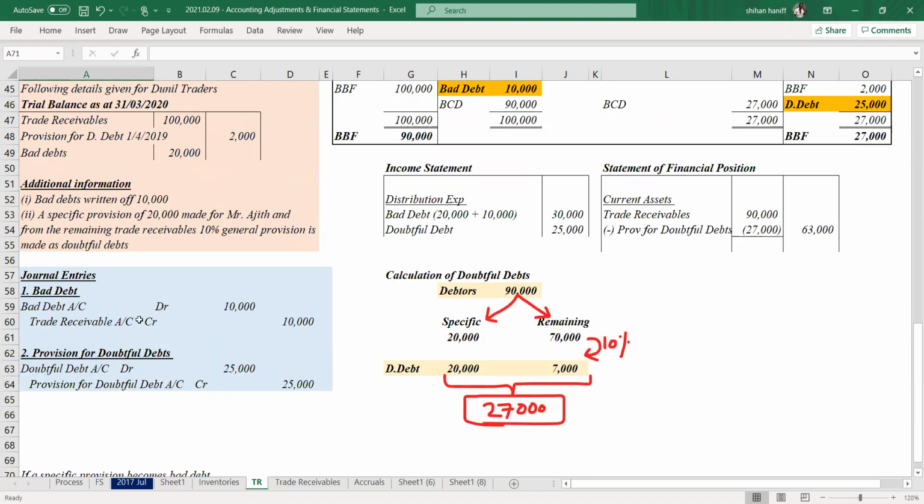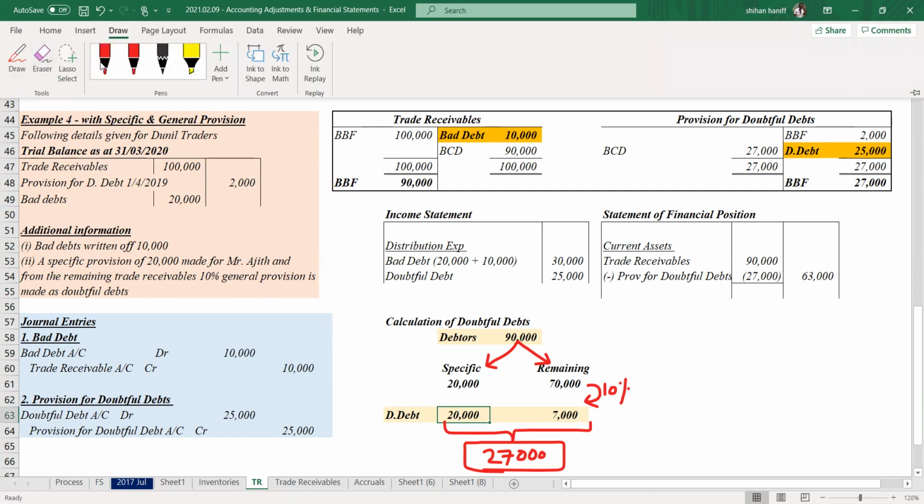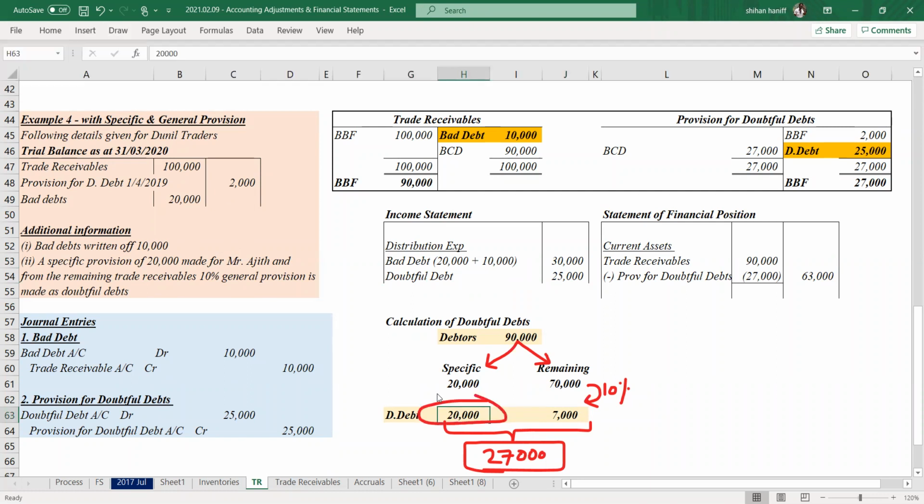Now already the specific provision we have taken to the income statement. Now he becomes bad debt. Now here, as per this example, Mr. Ajit. For Mr. Ajit, 20,000 we have taken into the income statement.